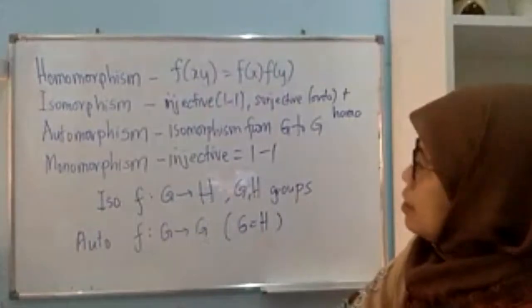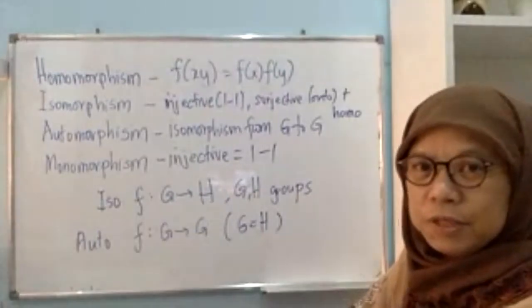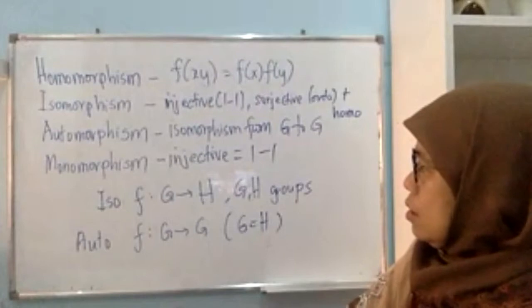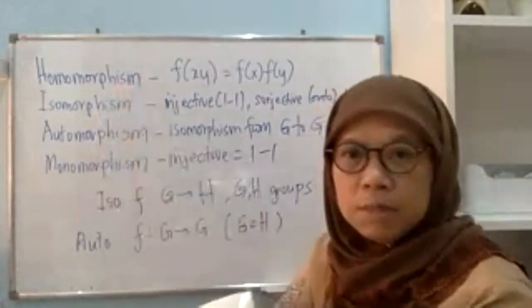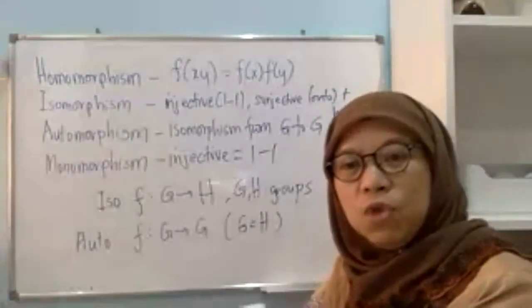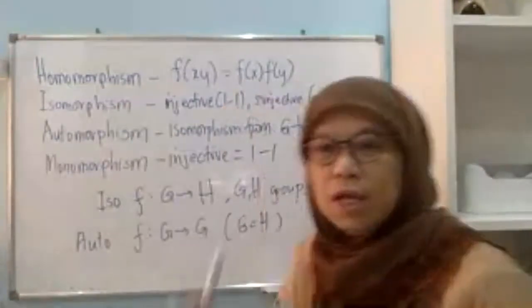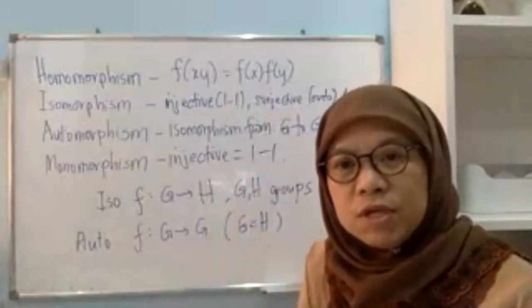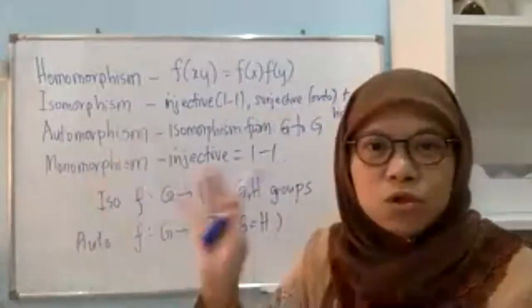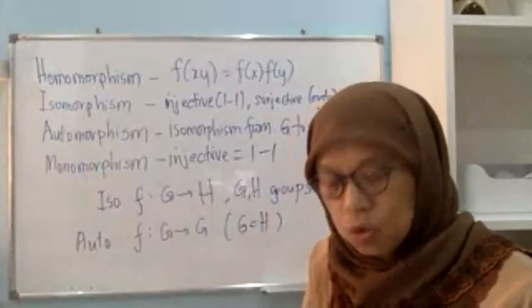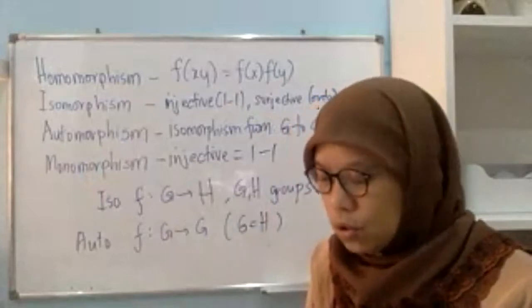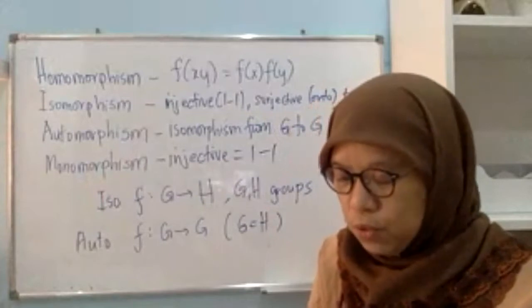So these are just some terms that you have to know, especially isomorphism, automorphism, and homomorphism. But there are many others. If you look in Wikipedia, if you click on isomorphism, you see so many other morphisms. So just go through, at least you know the difference between all these terms.